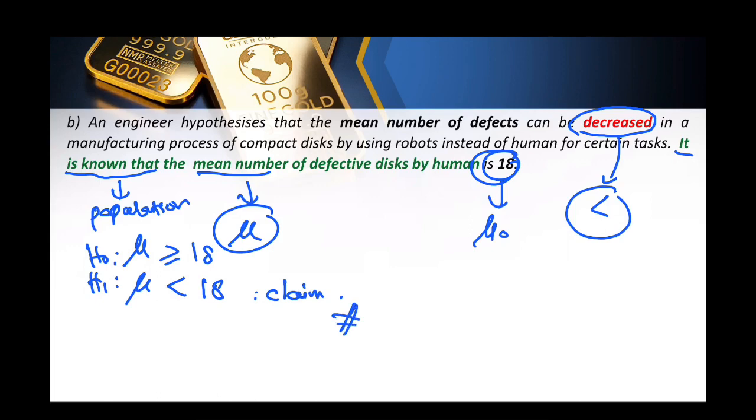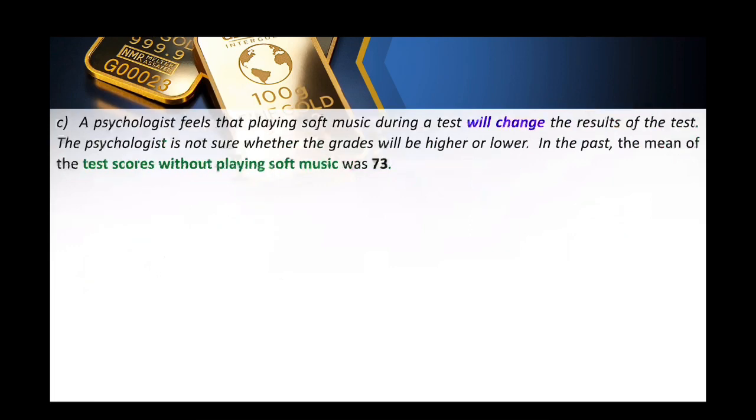Okay, next look at another example. A psychologist feels that playing soft music during a test will change the results of the test. The psychologist is not sure whether the grades will be higher or lower. In the past, the mean of the test without playing soft music was 73. So here, the psychologist feels that playing soft music during the test will change the results, and you don't know whether it will be higher or lower.